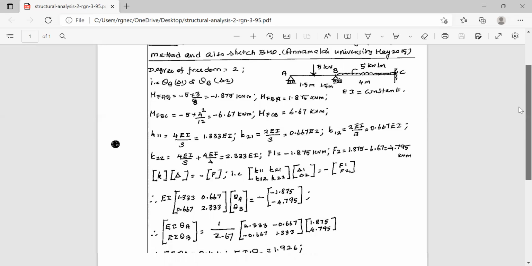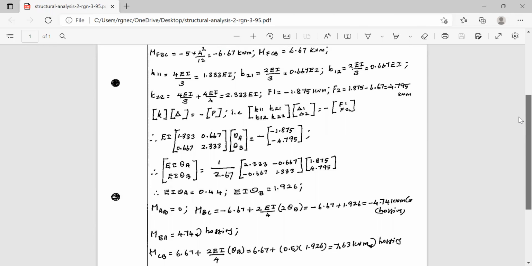Now, what about MBC and MBA? MBC is equal to M of BC, that is minus 6.67 plus 2EI by L into 2 theta B. This is the rotation at the near end.